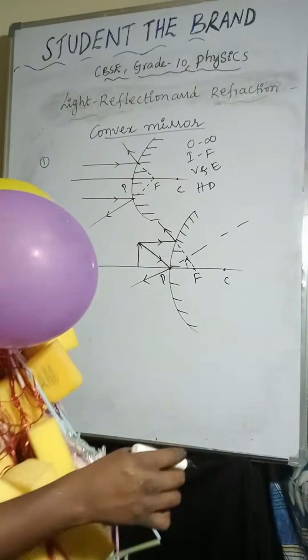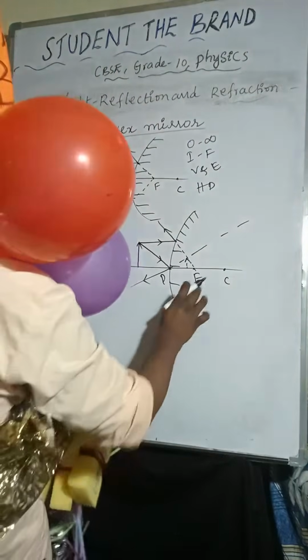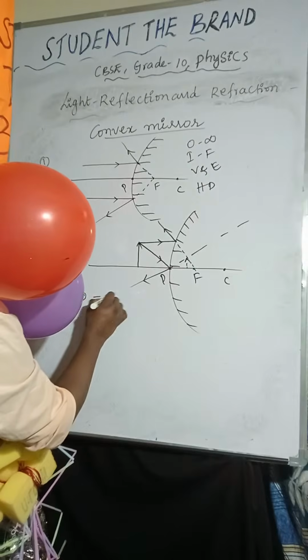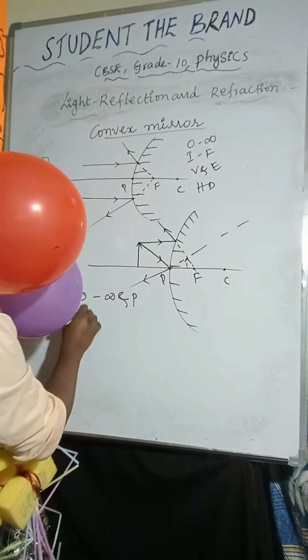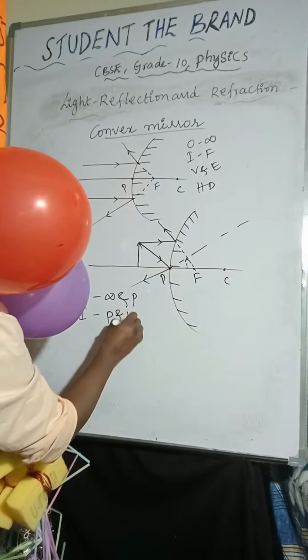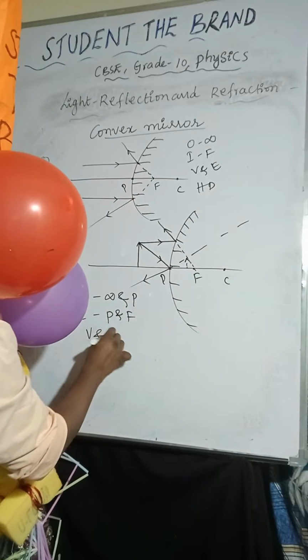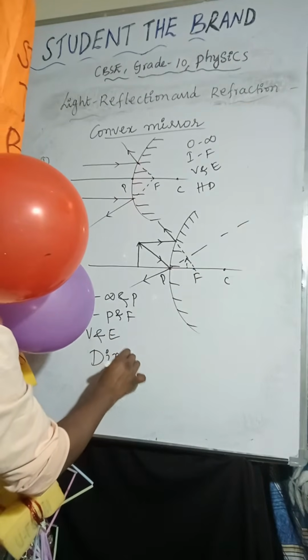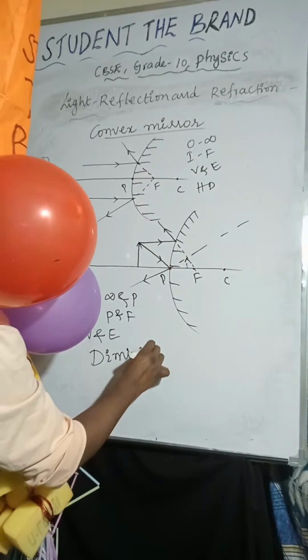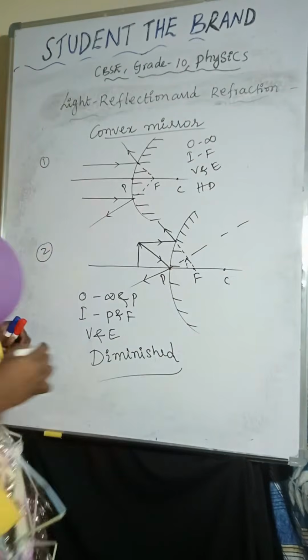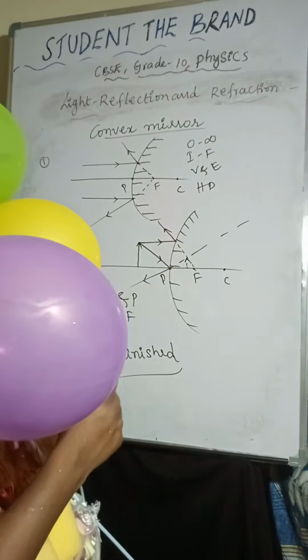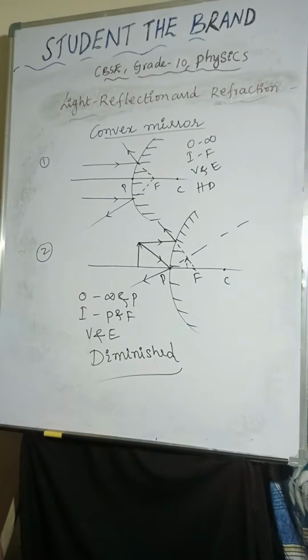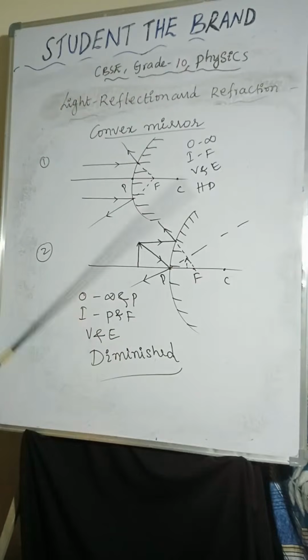So here you can observe. In this case, object is placed between infinity and pole. So image is forming between P and F. Nature of the image is virtual, erect and diminished. These two cases you can observe carefully, only these two cases.